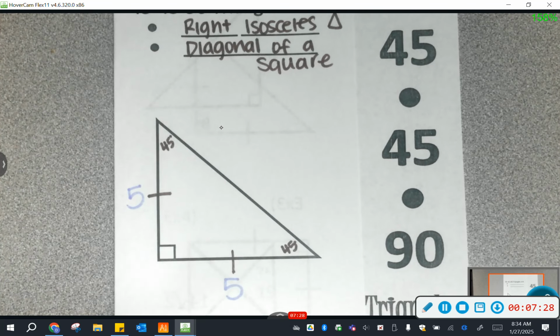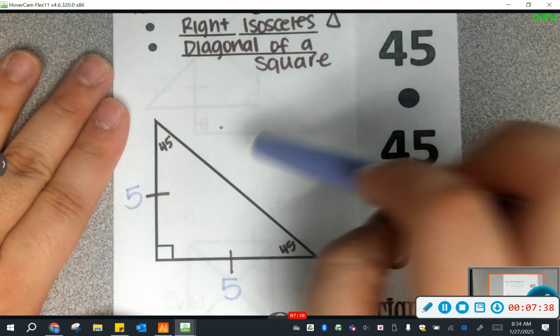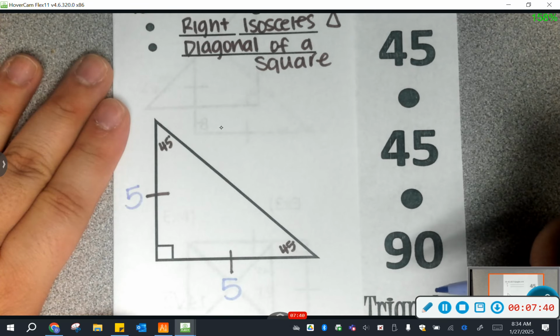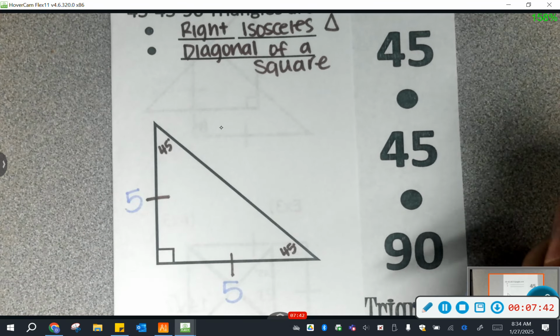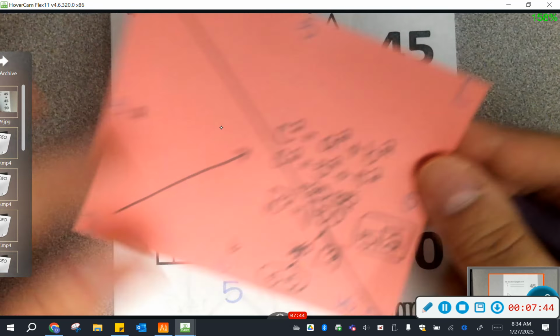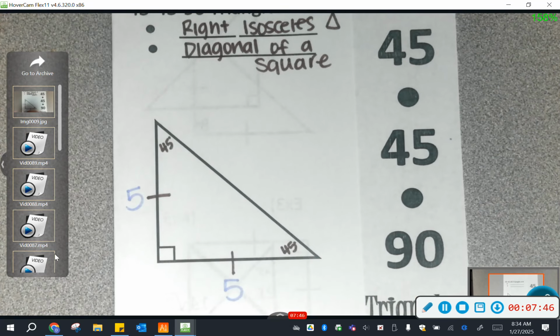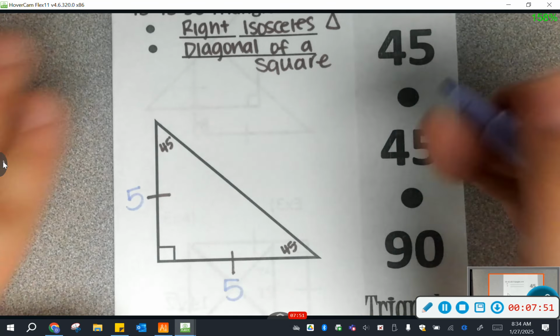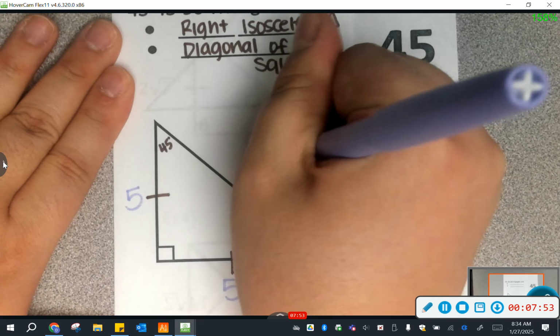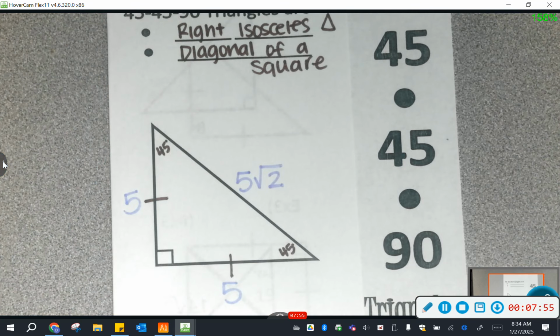What will my diagonal be? It is your C, but what's the number going to be? 5 square root of 2. What just happened? Whatever number you have, your diagonal will be that number, square root of 2, every time.